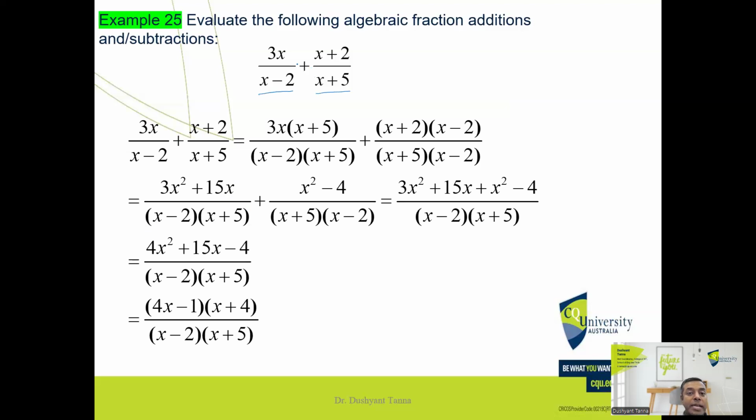We try to make them even, so it's kind of cross multiplication, right? So we multiply with x plus 5 in the first one and x minus 2 in the second one.